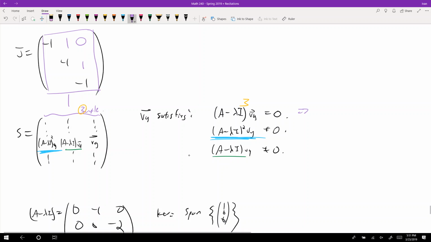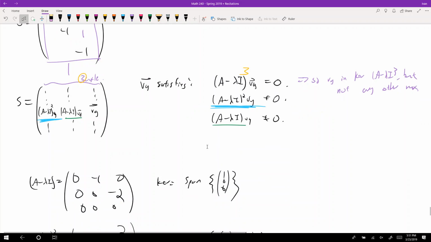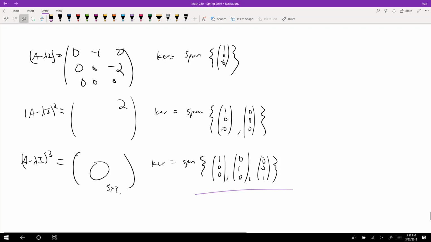So we look at these kernels, and which vector inside the kernel of A minus lambda I cubed is not in the kernel of the preceding ones? Yeah, 0, 0, 1. So we have to choose this one. This is VG.